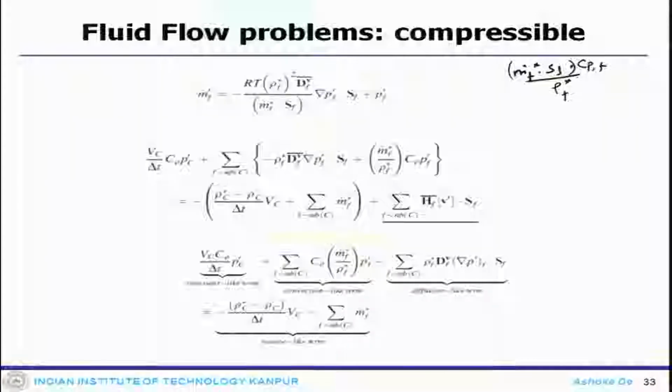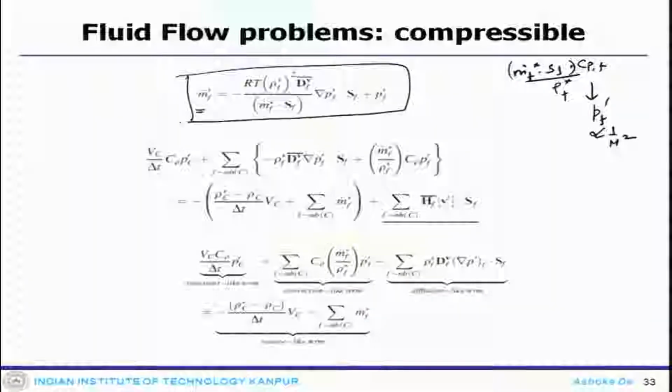If this kind of normalization is done, the weighting factor 1 for the p f prime term becomes proportional to 1 by Mach number square, where M is the Mach number. In that case, m dot f prime would be RT rho f star by this, like this expression.